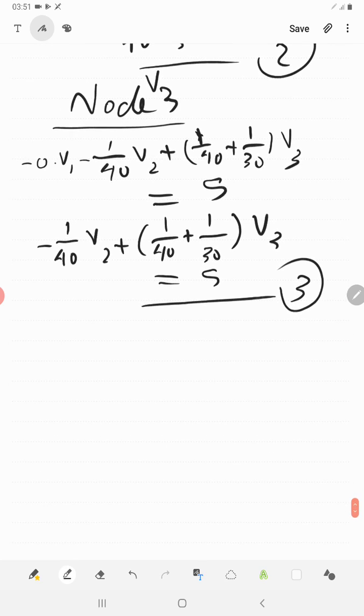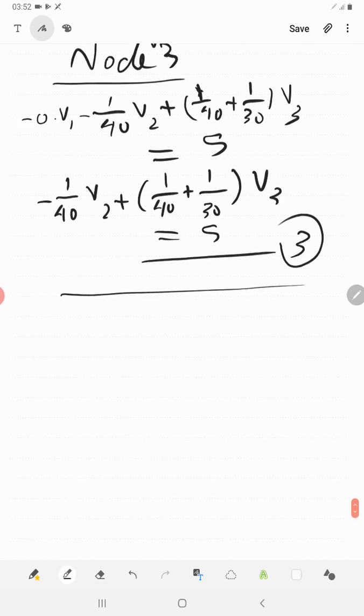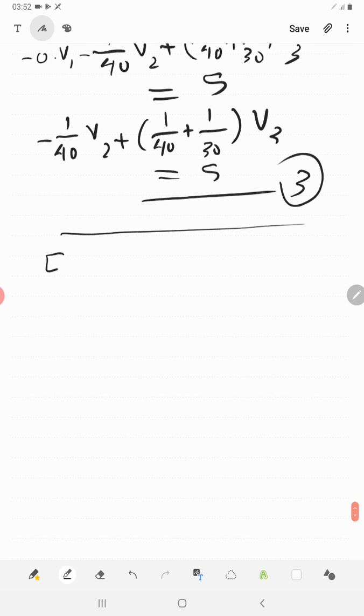Okay, so this is the way how we write equations. Now let's take an example that contains a voltage source. Sometimes you may have that example.